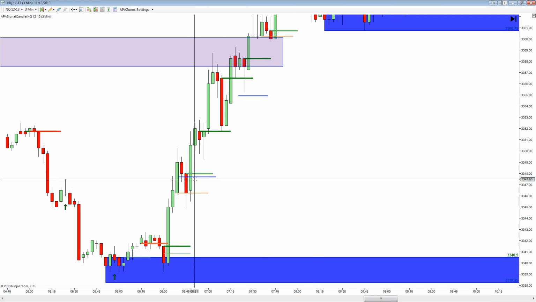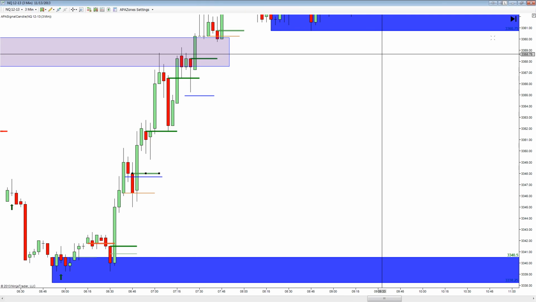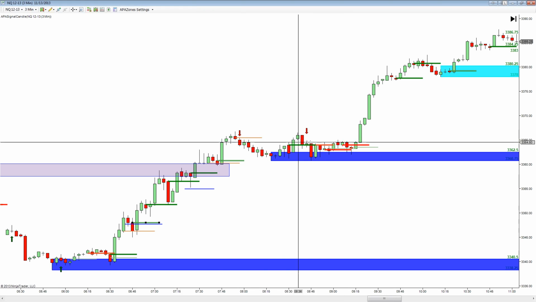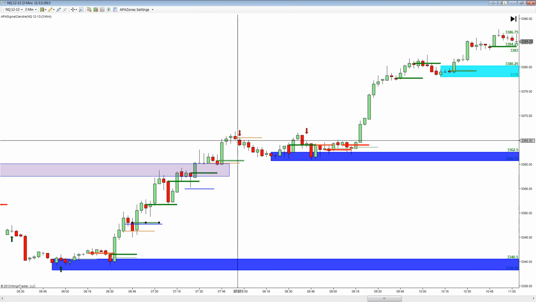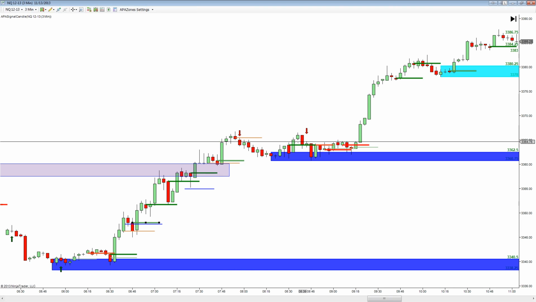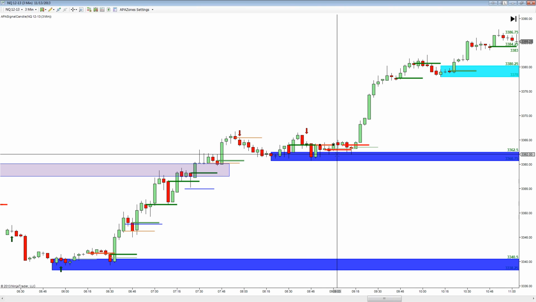And from there on out, it's only going to be printing long signals until it's made a new high, had a short signal, and then there's two other short signals, and it'll finally give you a red bar.